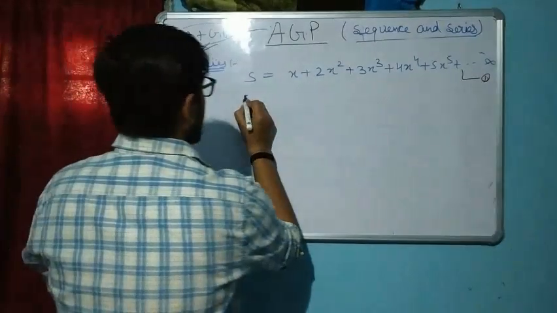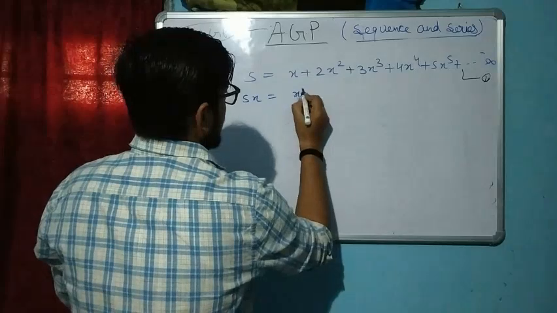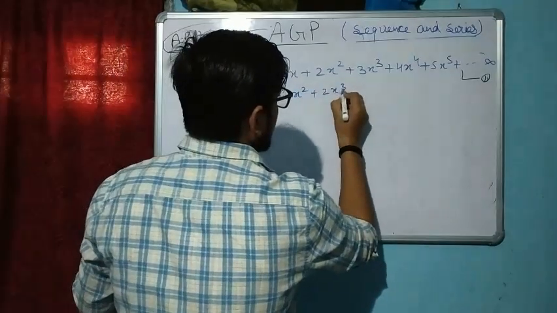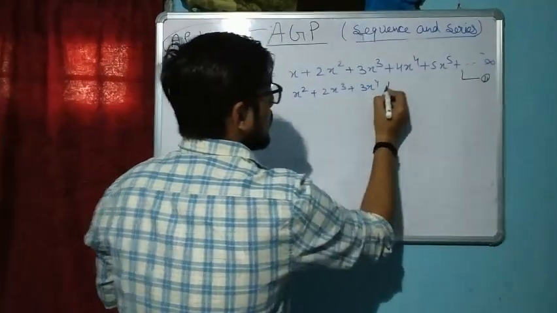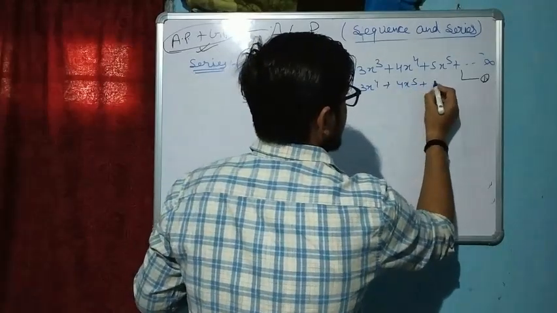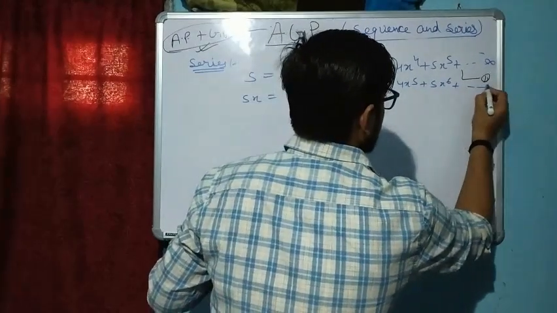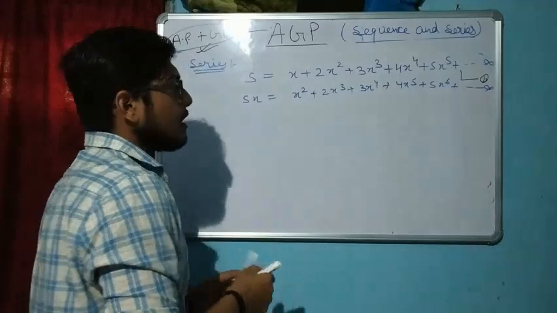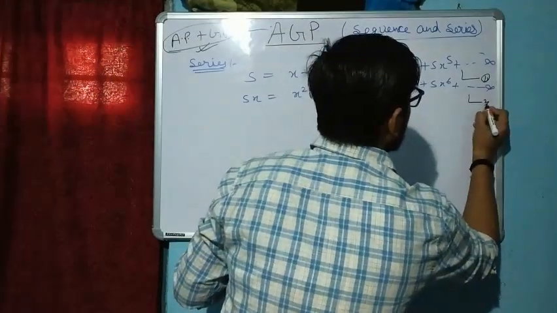We have the second equation as Sx equals x square plus 2x cube plus 3x raised to power 4 plus 4x raised to power 5 plus 5x raised to power 6, and so on. This is equation number 2.